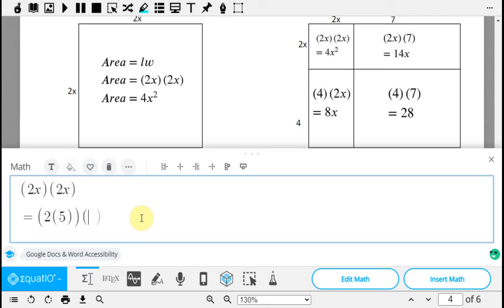So we have 2 times 5 and 2 times 5. That equals 10 times 10, which equals 100.